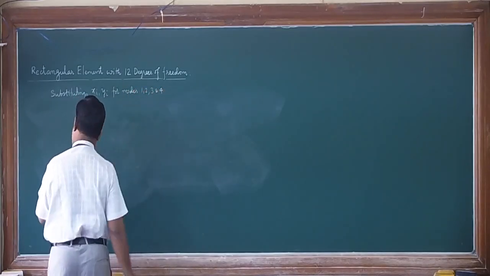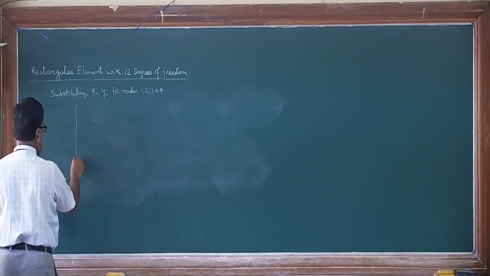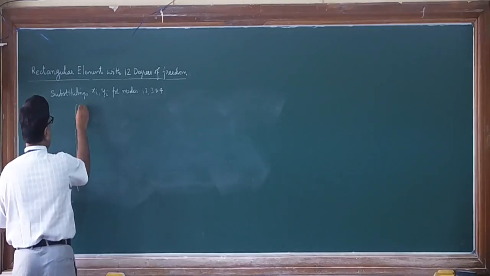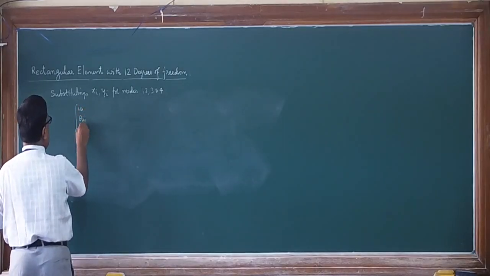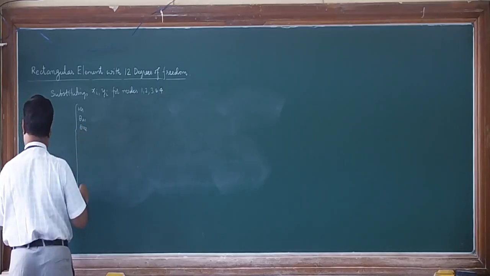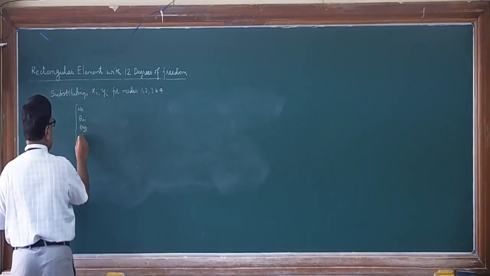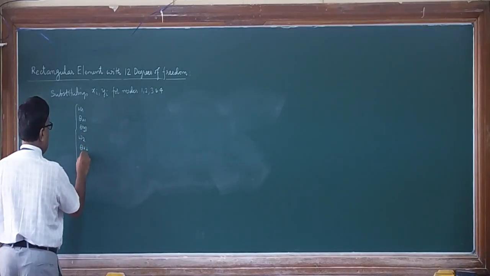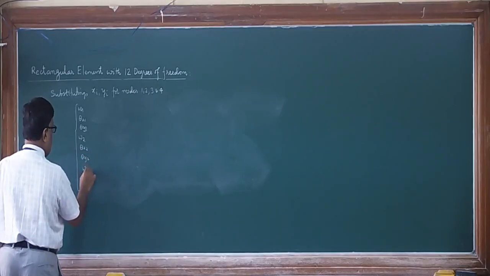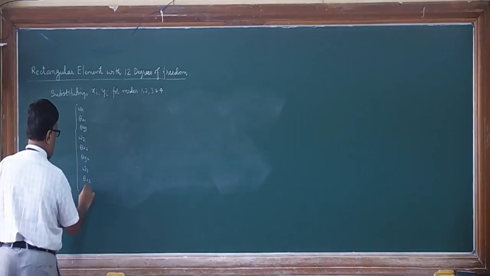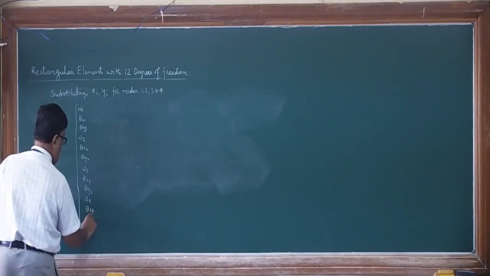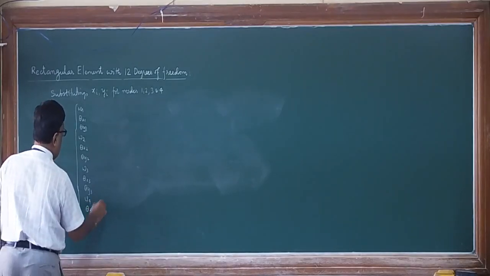If we substitute that, what we get here is W1, theta x1, theta y1, W2, theta x2, theta y2, W3, theta x3, theta y3, W4, theta x4, theta y4.